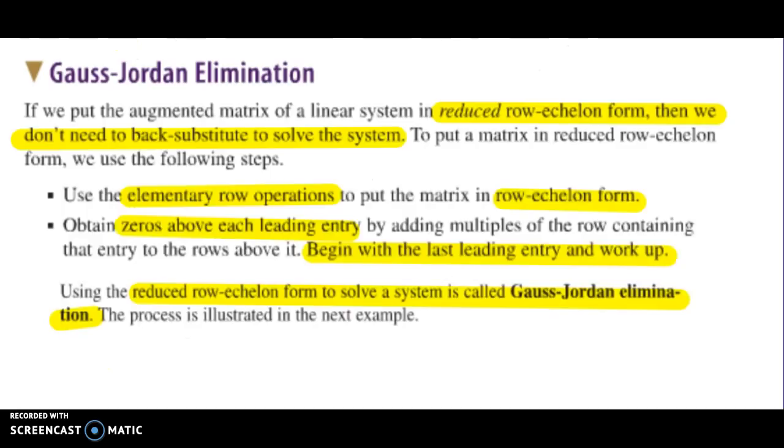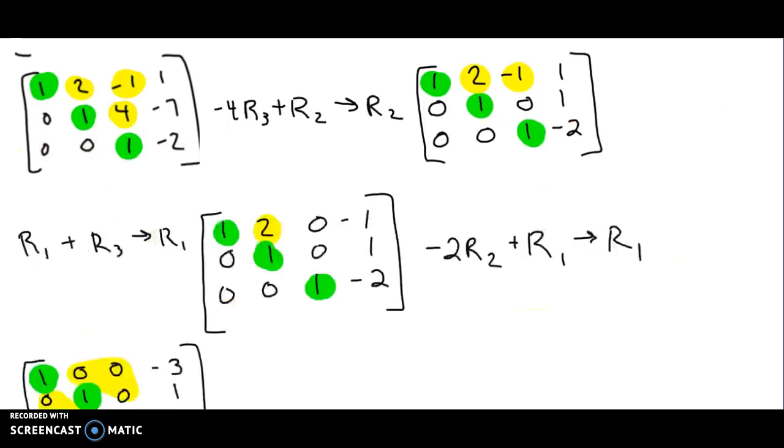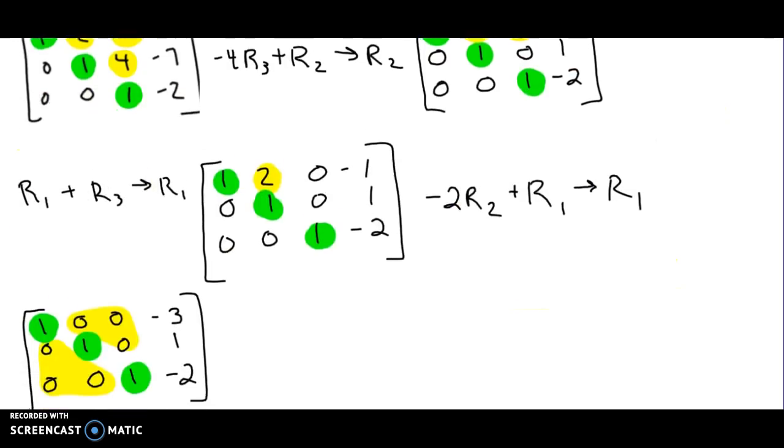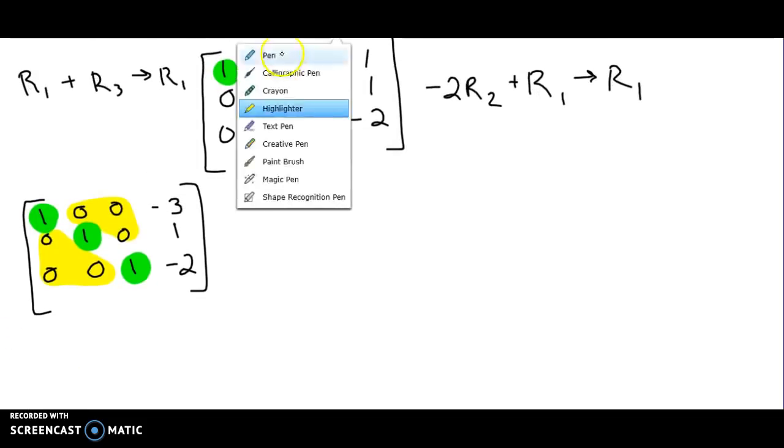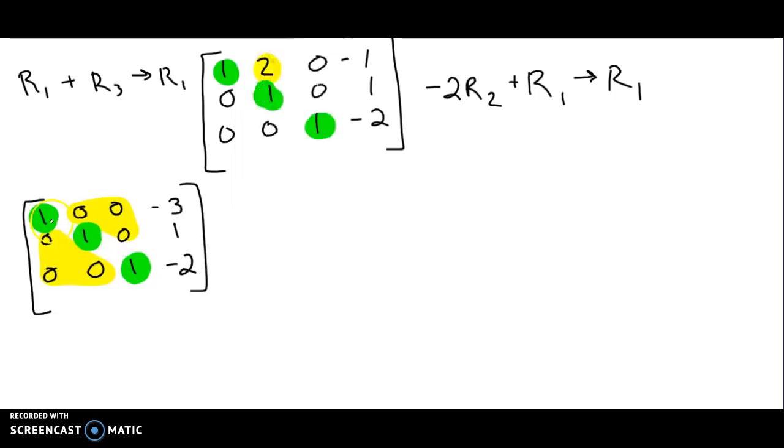If we flip back to the information that we read about Gauss-Jordan elimination, it tells me here that once it's in reduced row echelon form, we don't need to back substitute to solve the system. So with solving this system, we don't have to do backward substitution. Notice here that you have ones in each spot to represent the variable you need.